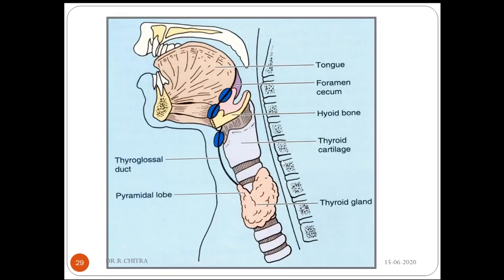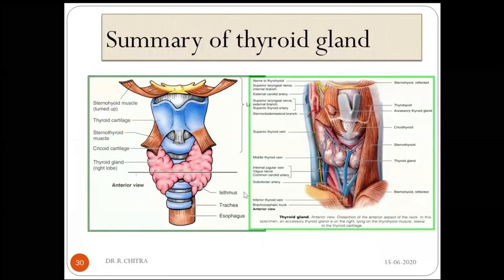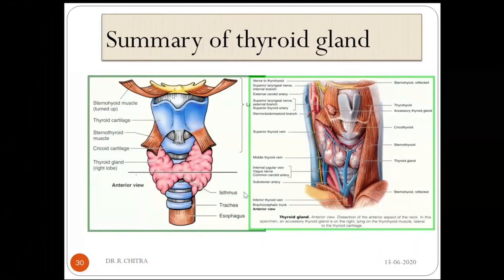I think you will know this from the embryology class we have already seen. Thyroglossal cyst may be present along the pathway of the thyroglossal duct. Pyramidal lobe may be present. So this completes the gross anatomy of the thyroid gland, which we have seen in detail. It consists of two lobes and one isthmus, and this is the apex and this is the base of the thyroid gland.